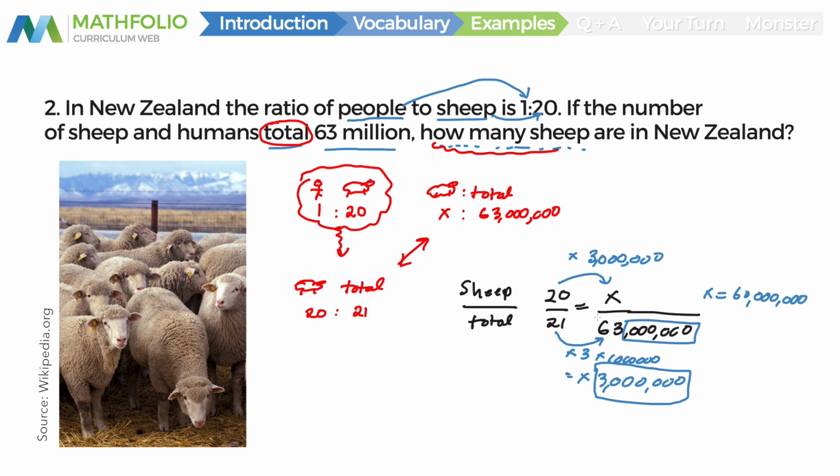So basically, this is true. That means that there are 63 million total humans and sheep in New Zealand, and out of those 63 million, 60 million of them are sheep. And so the difference between the 60 million and 63 million means that is 3 million people and 60 million sheep. Wow, pretty crazy.